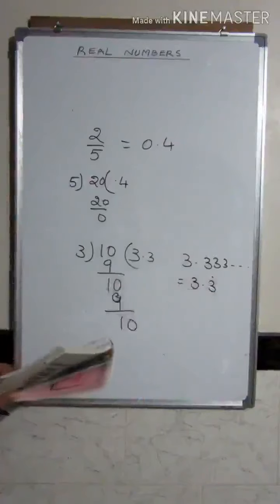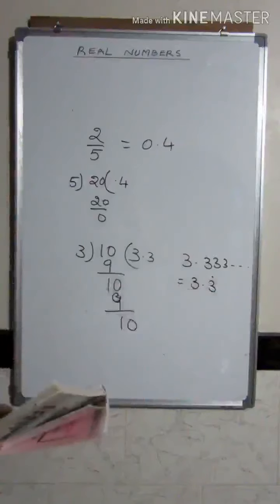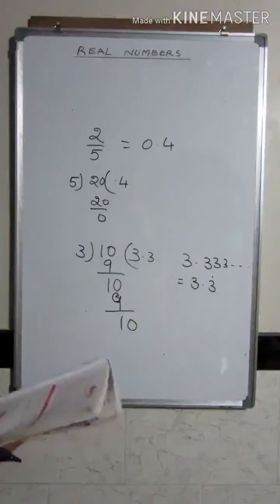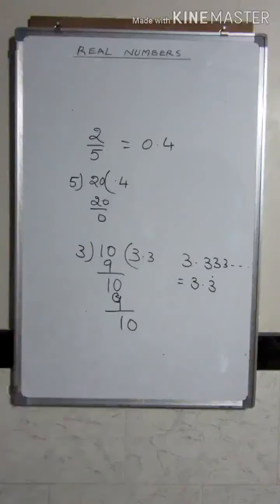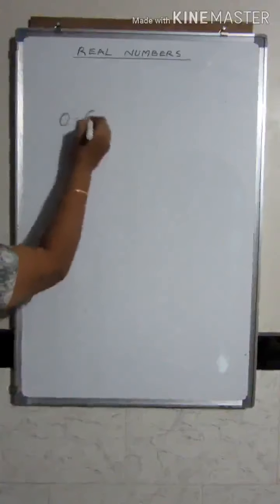Now the third problem they have given is a problem in the recurring decimal form. You have to convert it in the form of P upon Q. So this is the problem given, 0.6 recurring.